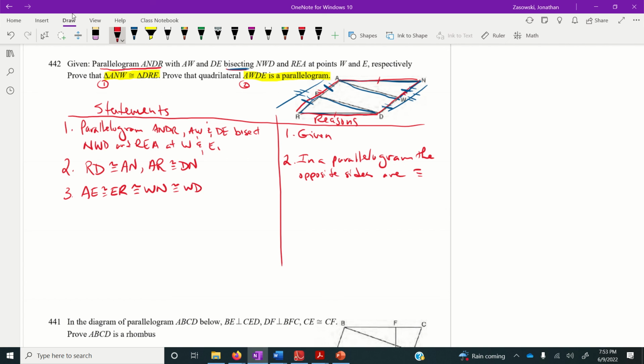We can make one long statement about the fact that these lines are all equal, all right? And the fact is because we bisected congruent segments. So when you bisect two congruent segments, you create 4 equal parts.